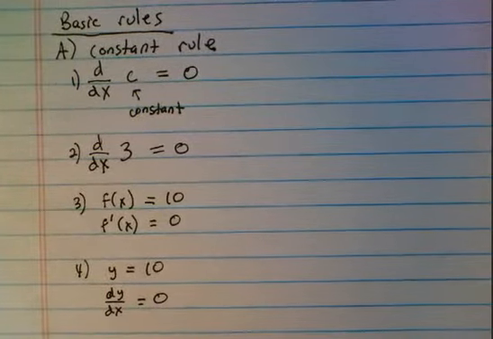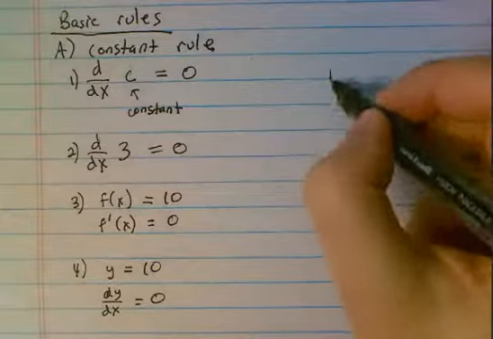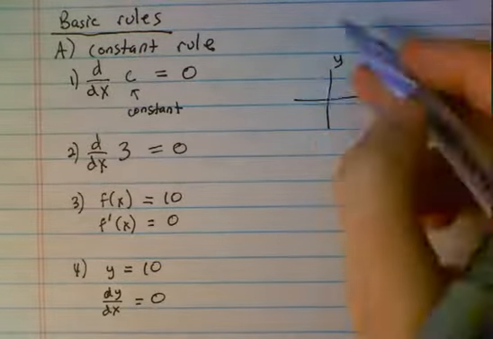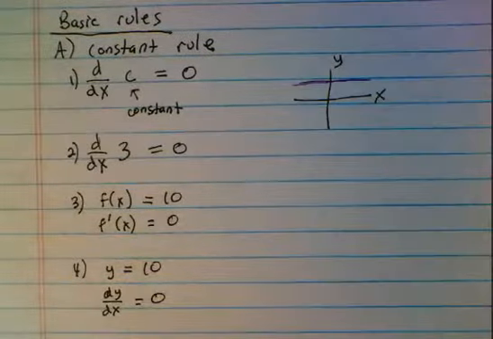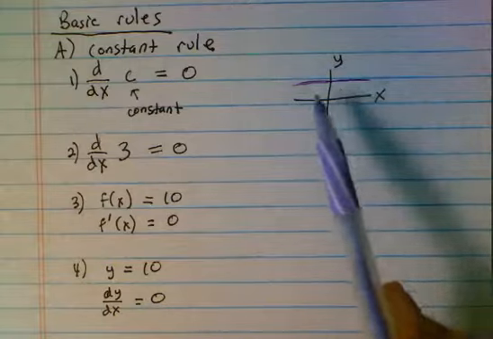Anytime that we have a number, a constant, we're taking the derivative, it equals 0. And this actually makes quite a bit of sense if we look at graphing a constant function. A constant function like y equals 10 is just a flat line. The slope of this line is always 0.